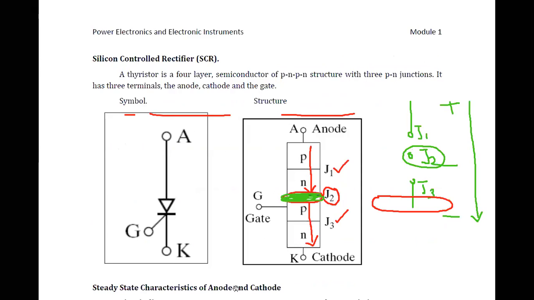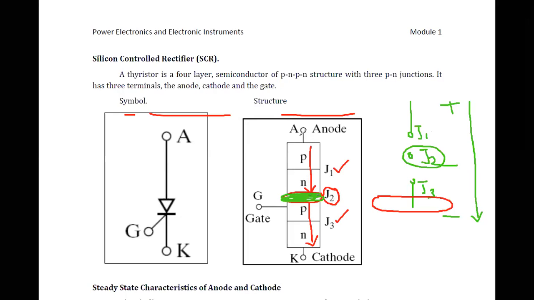This part is understood now, right? Now J1 and J3 are forward bias. Here you just see this diagram: J1 and J3 are forward bias, that is the red color. J2 is reverse bias.